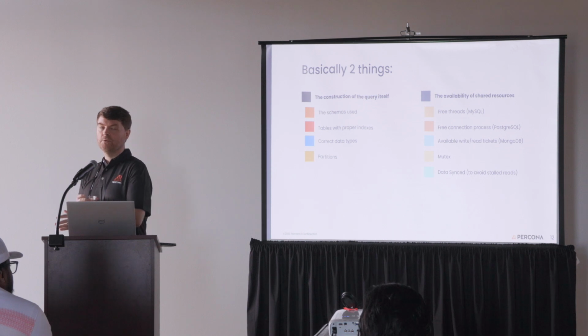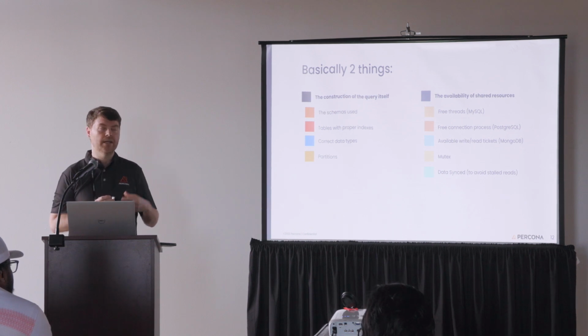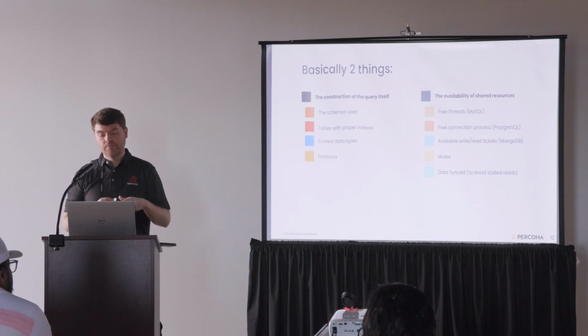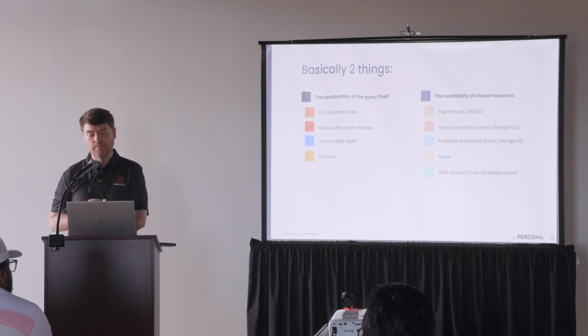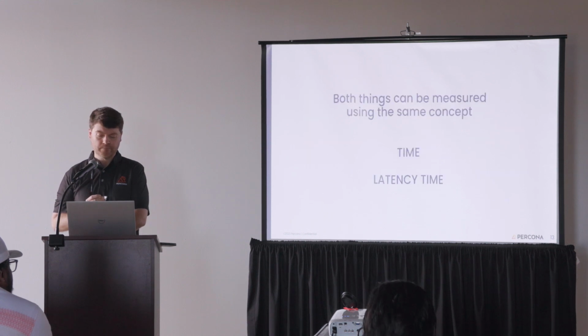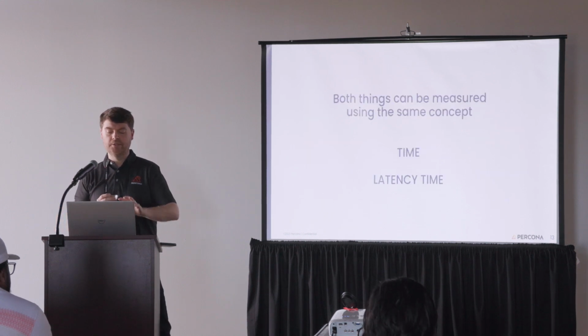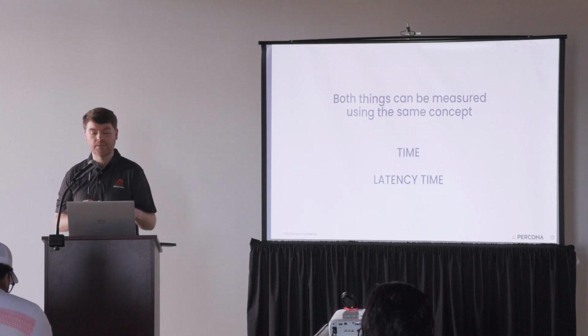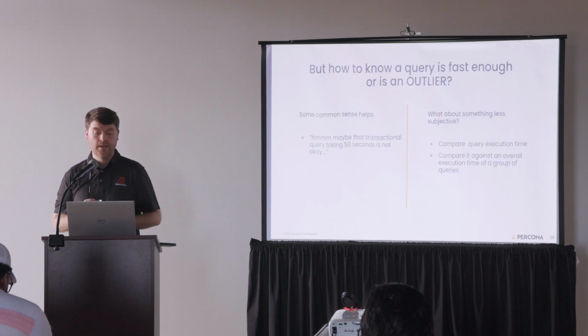On the shared resource side, I come from a DevOps background, so we were more focused on that. It's things like free connections, free threads, and whether the data is synced to avoid stale reads. You can measure both of these concepts with time and latency time. Time would be the query running time, and latency time is access to resources.